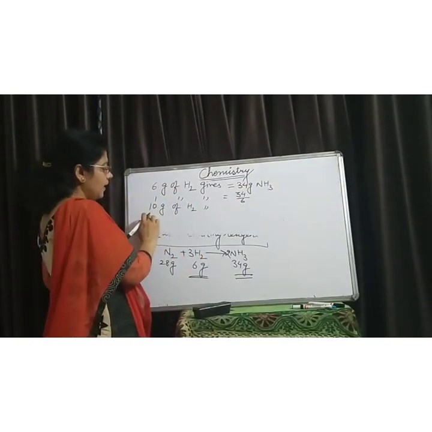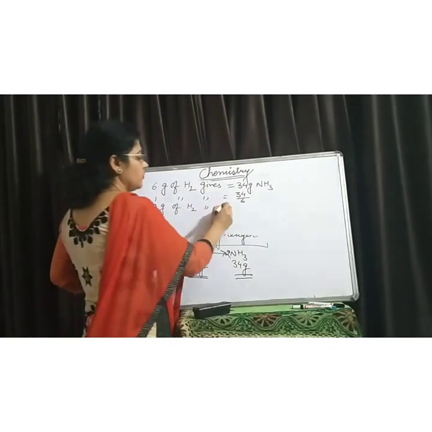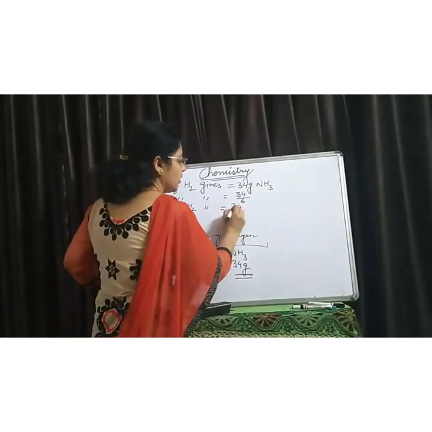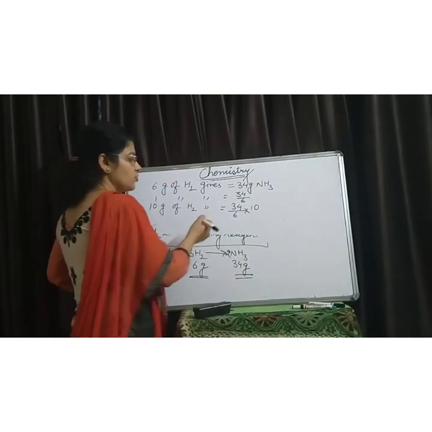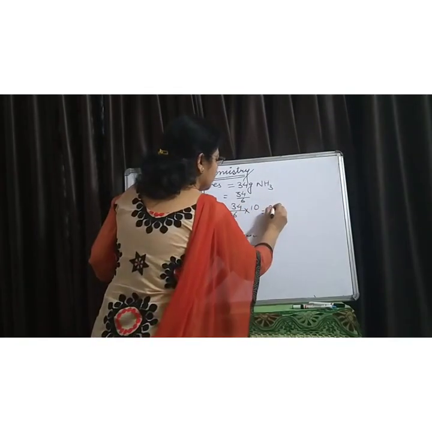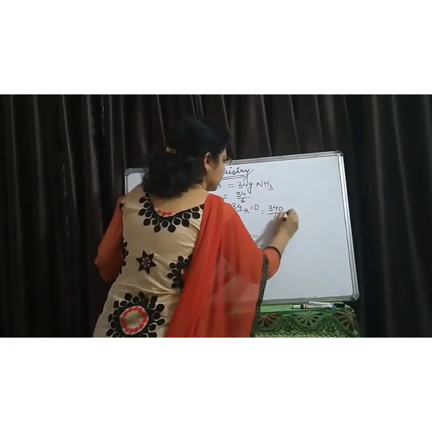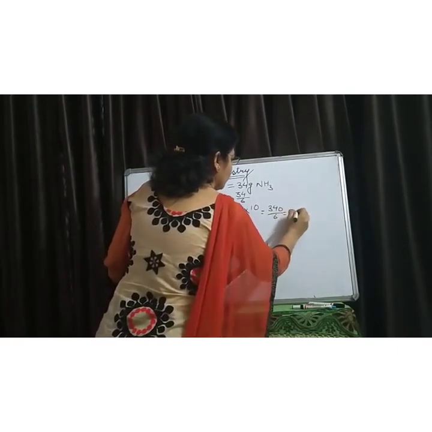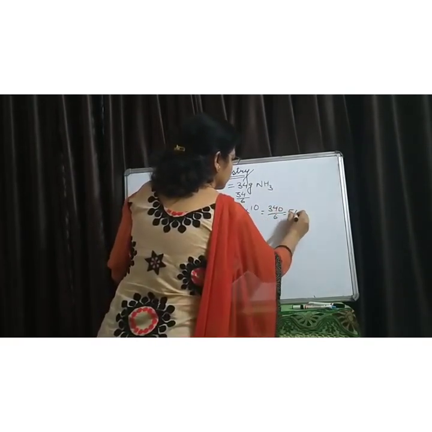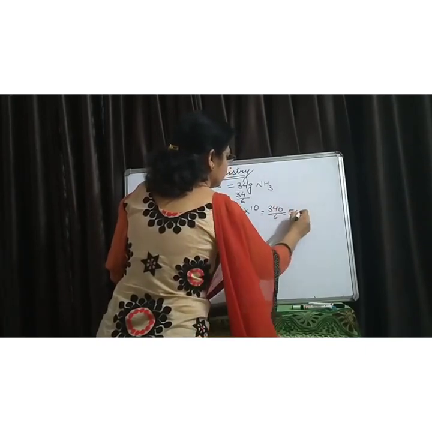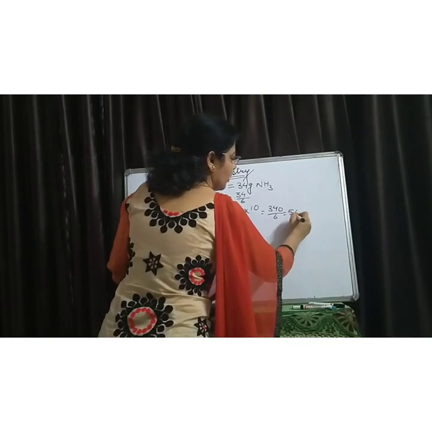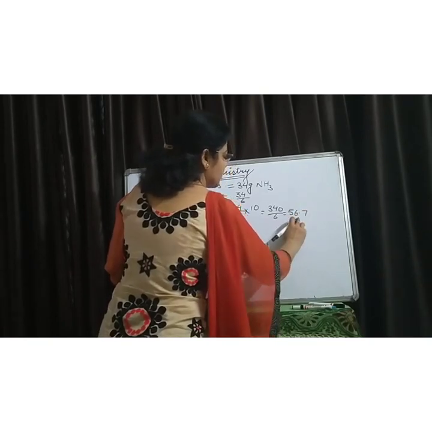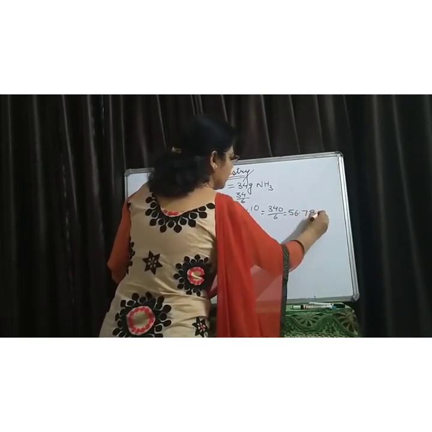So 10 grams of hydrogen gives an amount of ammonia that is 34 by 6 into 10. When you solve this, you get 340 by 6, which is 56.66, or when we round off it becomes 56.7 grams.